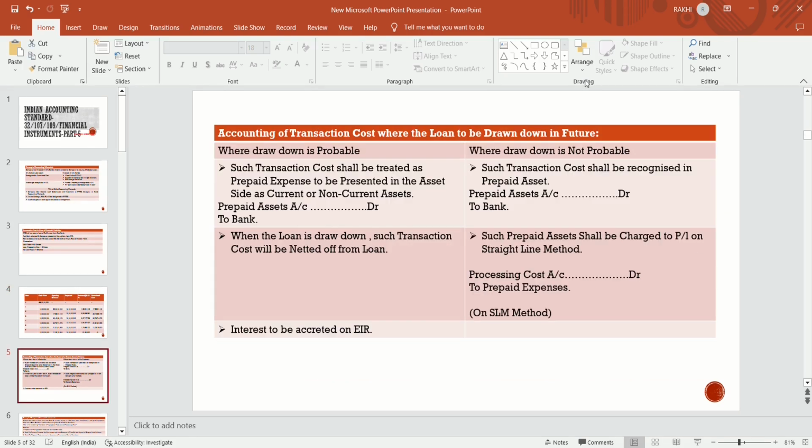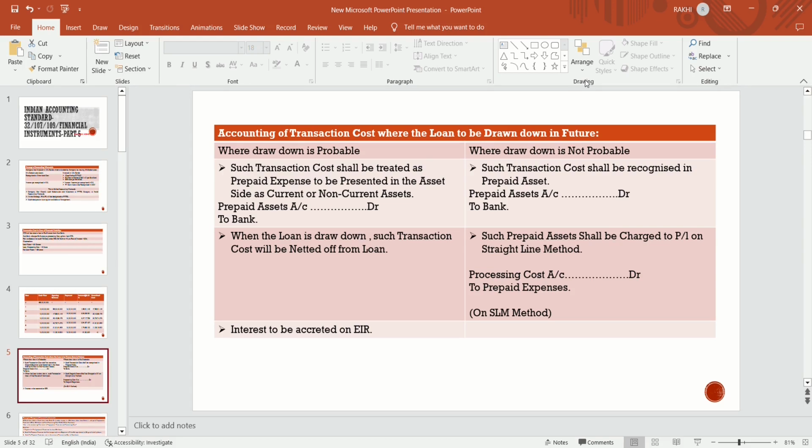Now the accounting of transaction cost, where the loan is to be drawn down in future. How is the accounting to be done? When the loan is sanctioned by the organization but it is not drawn instantly, it will be drawn in future.